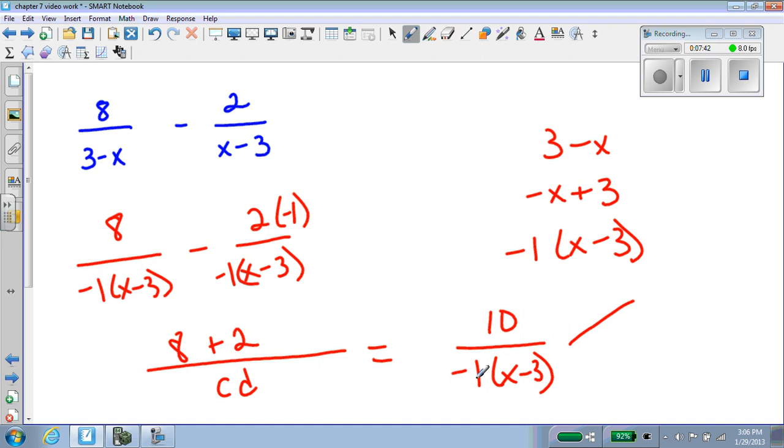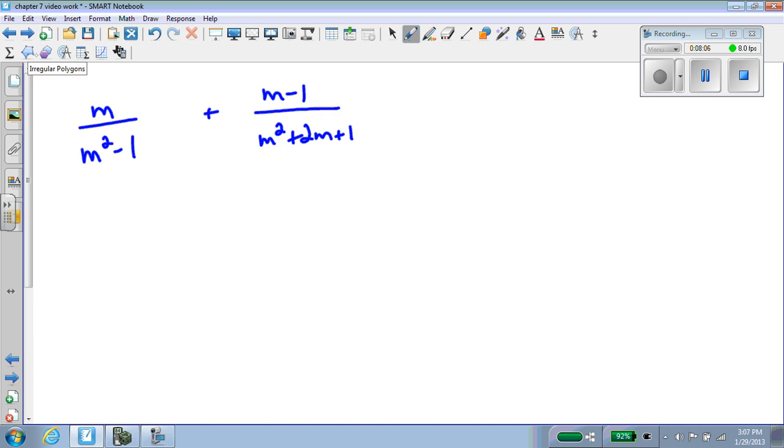They're either going to move the negative 1 so that it's negative 10 over x minus 3, or they're going to multiply it back in here and say it's 10 over 3 minus x. Either one of these answers would be correct. This is also correct. It's just not usually done.